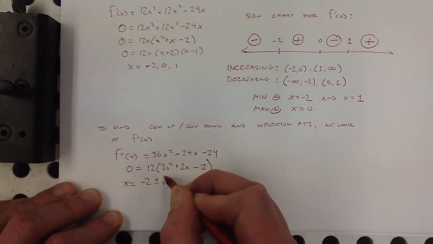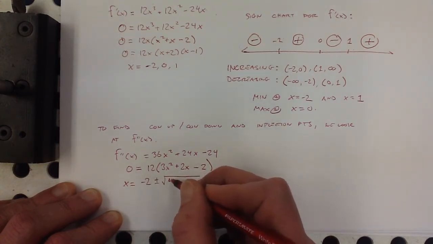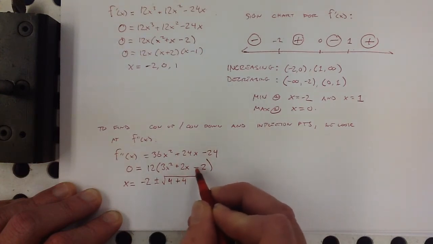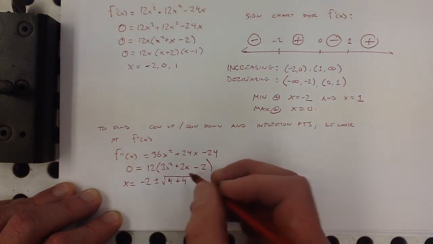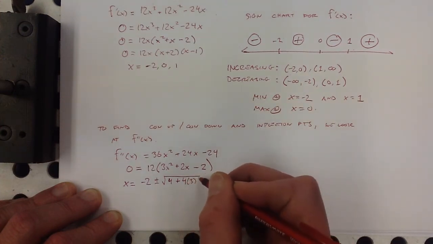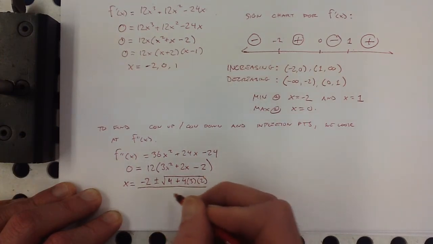So that means my solutions are going to come from the quadratic formula. Opposite of b plus or minus the square root of b squared minus 4, there's a minus sign there, so that's going to make that positive, right? Minus 4ac all over 2a.